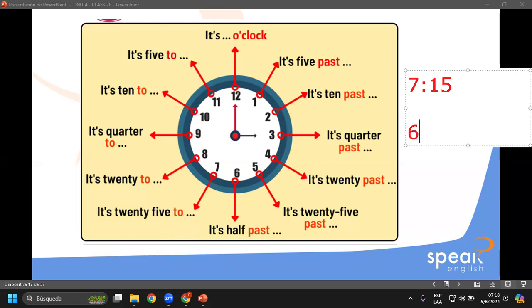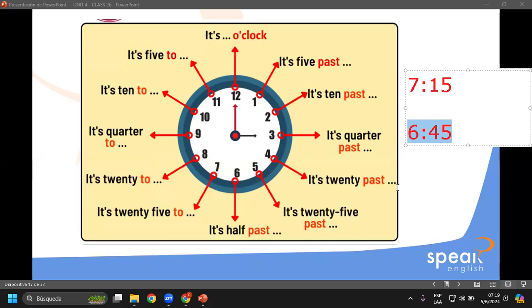Imagine if I say here, everybody, what time is it? So you can say, the difficult form is a quarter to 7. Or the easiest is just, it's 6:45. So which one do you feel is easier? This one, using past and to, or saying the numbers exactly as they are?